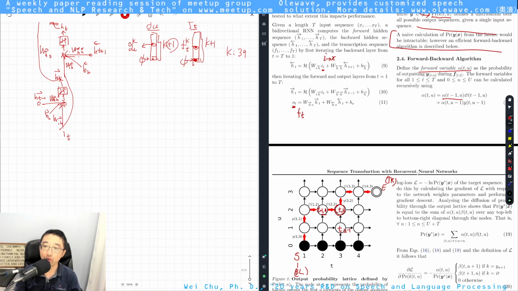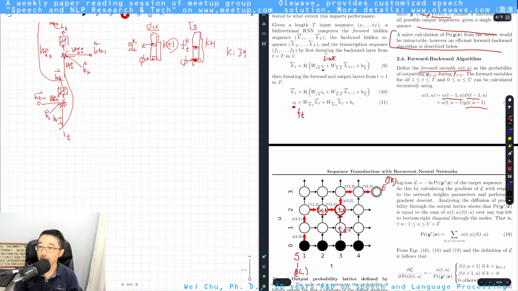So it's still the same output at time t compared to time t minus 1. Okay. And then here it means that, okay, I go from here to there.